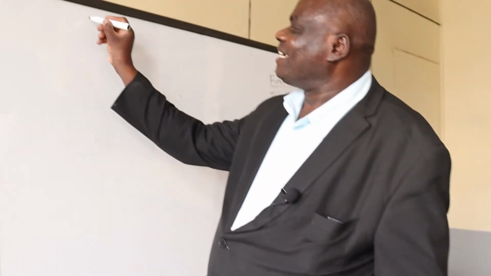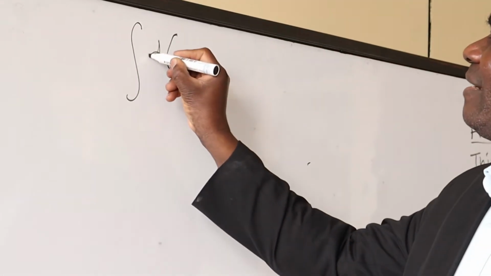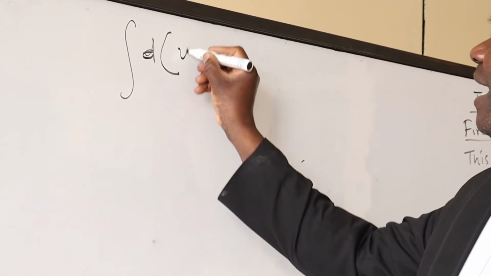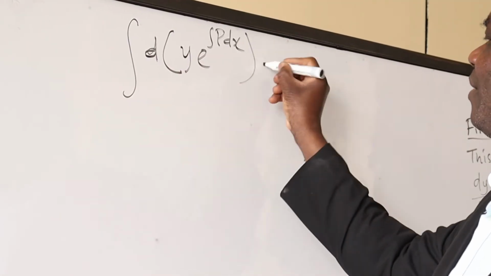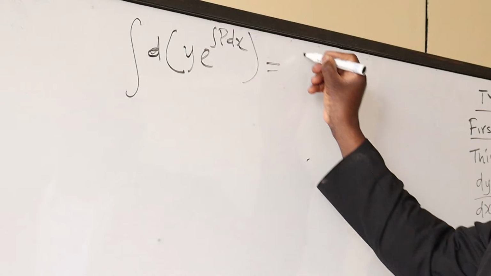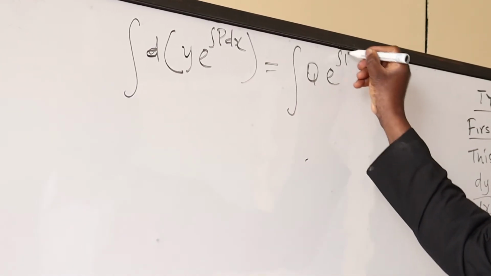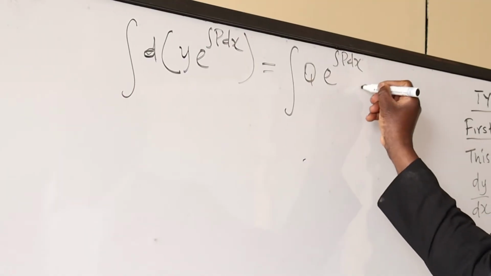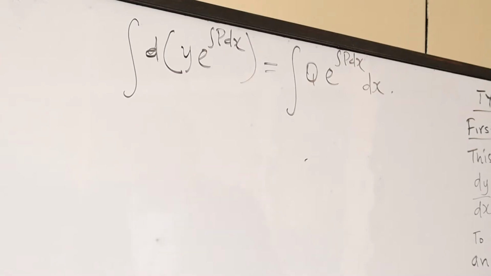And we say the integral of d(y e^(∫p dx)) will be equal to the integral of k e^(∫p dx) dx. So this one will give us the solution to the first order linear differential equation.